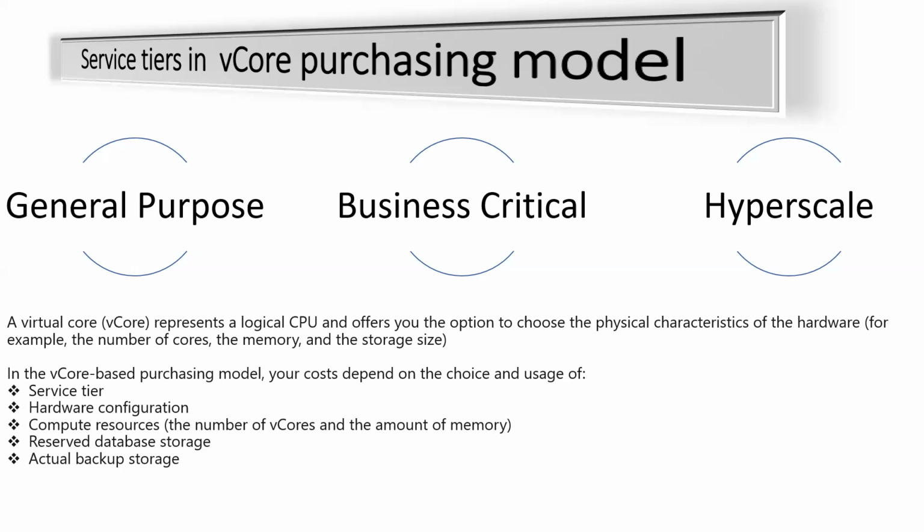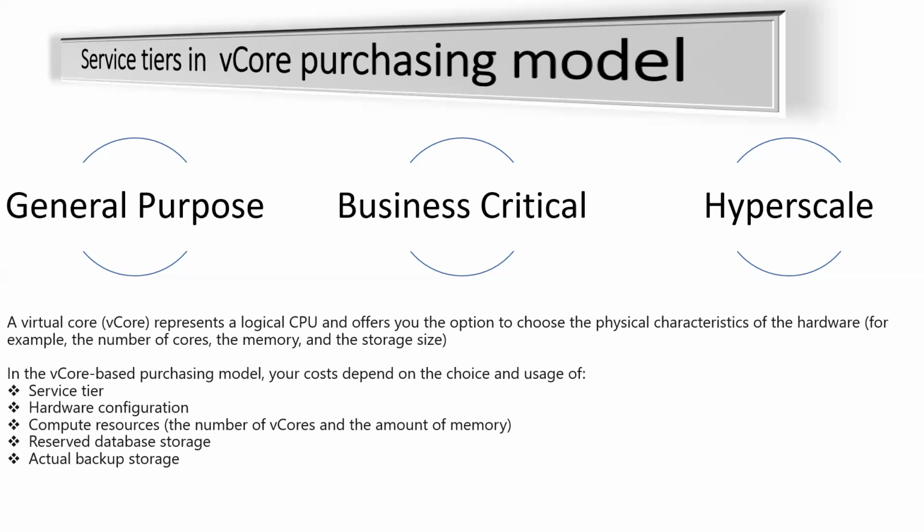Now we will see the purchasing models in the vCore model. Here we have general purpose, business critical, and hyperscale, where we have the flexibility to individually select CPU, memory, and IOPS, and we also have the Azure Hybrid Benefit.